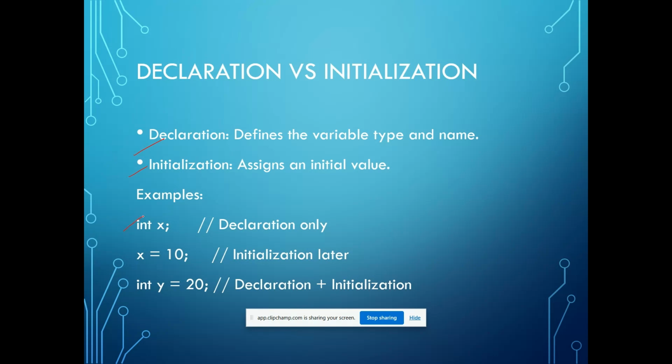If you're seeing here, we are doing the declaration int x, where int is the label and x is the variable. Here 10 we are storing into x and 20 we are storing into y. So x will hold 10 and y will hold 20. So you can create an empty box first, and after that you can store any number inside the variable.